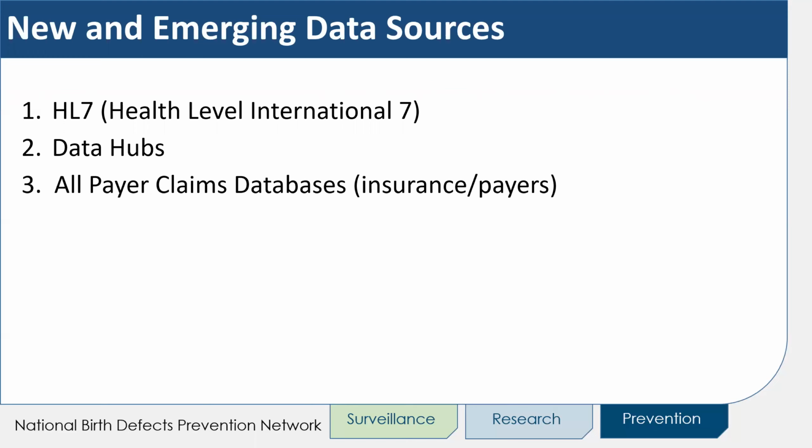A third type of emerging data source is all-payer claims databases. These are claims databases used by insurance and other payers, such as Medicare. Note that not all states use these data sources. So, if you want more information on these data sources, you could ask staff from other birth defects surveillance programs.